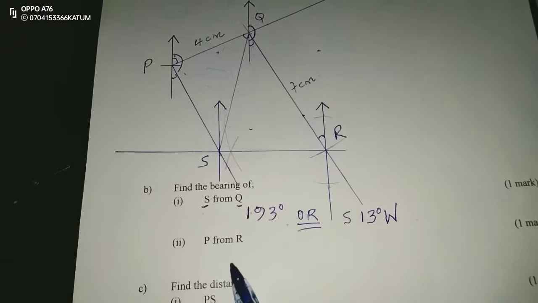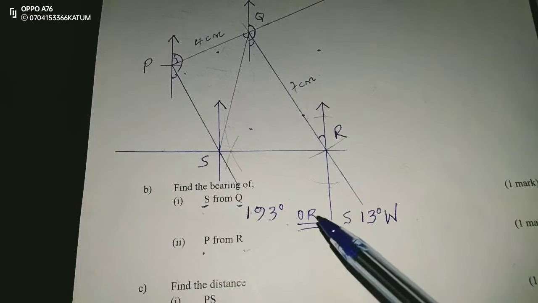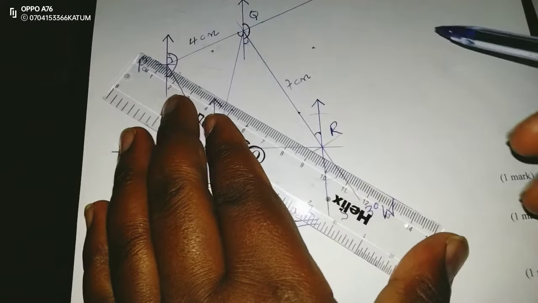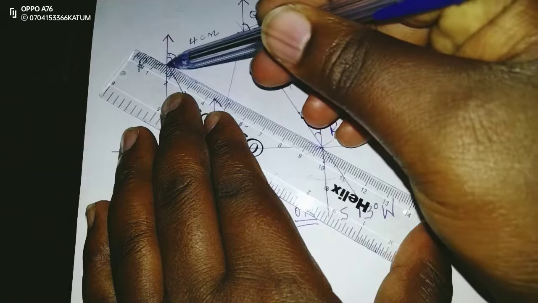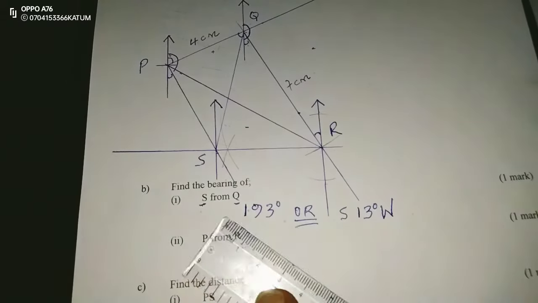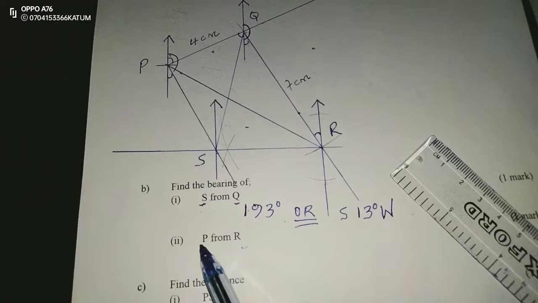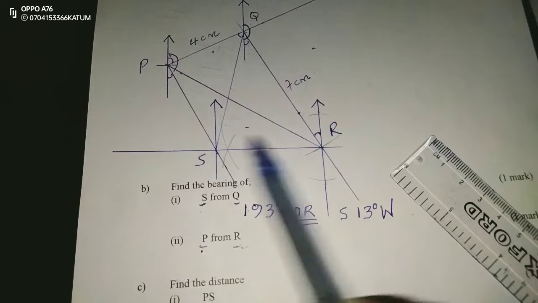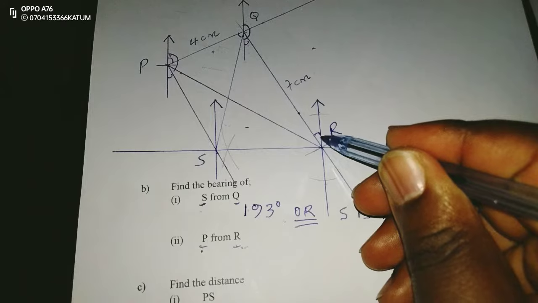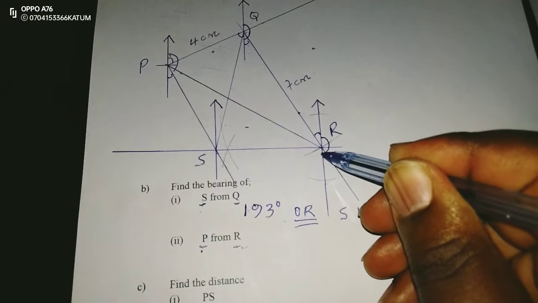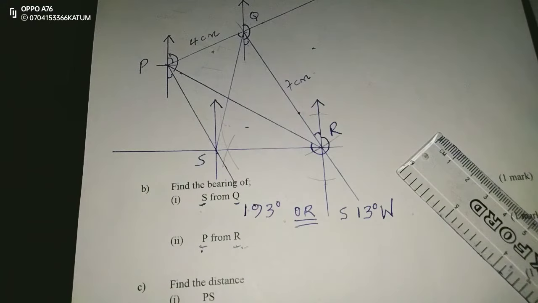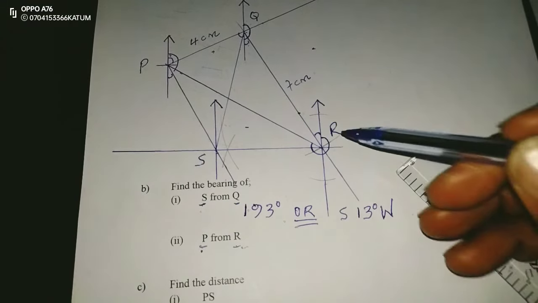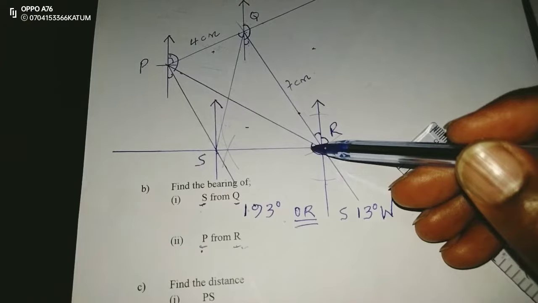Again, we are needed to measure the bearing of P from R. So I join P and R. P and R, like that. Then we want the bearing of P from R. So P from R, we need to measure all these angles, the turning we make from R until we meet the line taking us to P. So the whole of that angle, and I'll start by saying this is 180, this is 90, so we have 270.